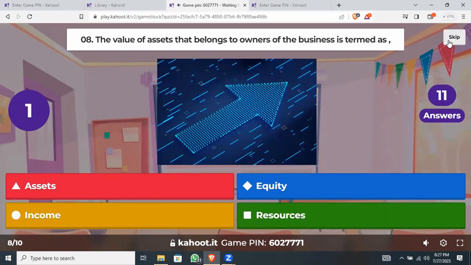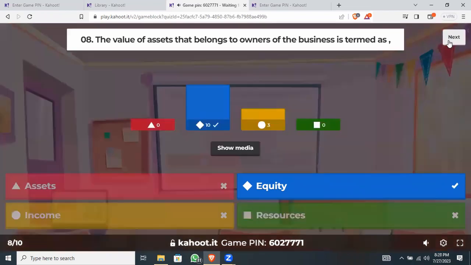Time is over. We'll see the answers. I got 10 correct answers. I asked that the value of assets which belongs to the owner is termed as equity. So the correct answer should be equity.